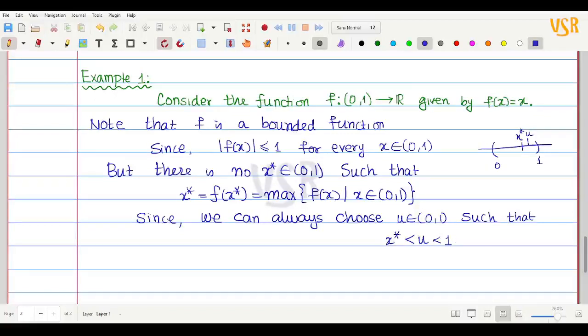Then f of x star, which is x star, is smaller than f of u, because the function is f of x equal to x. So this is not a maximum, because we can always choose an element f of u which is greater than f of x star.